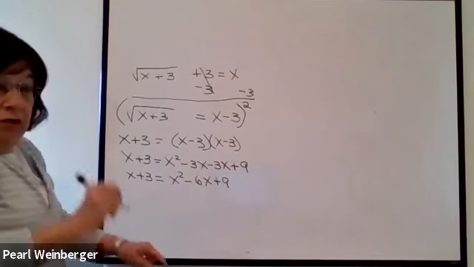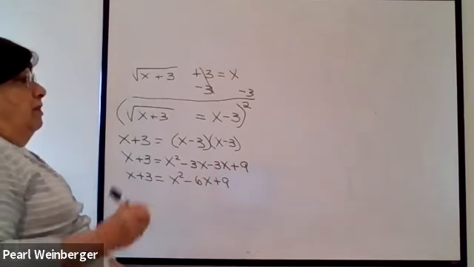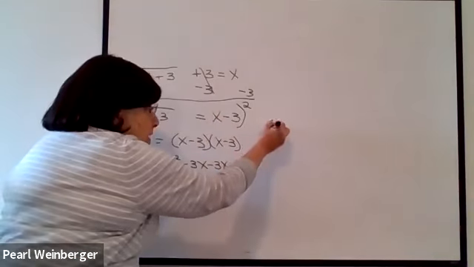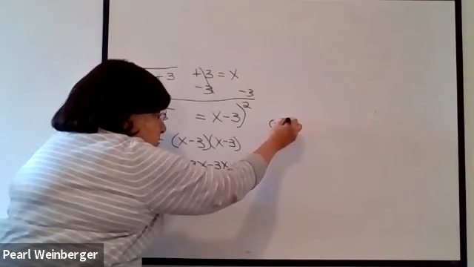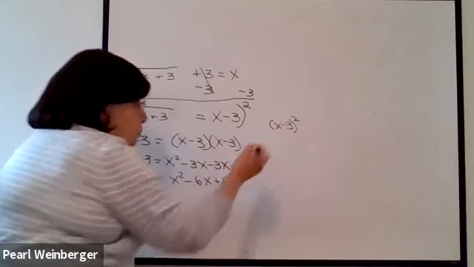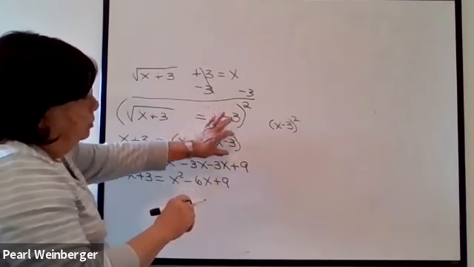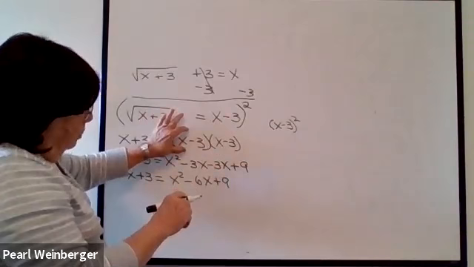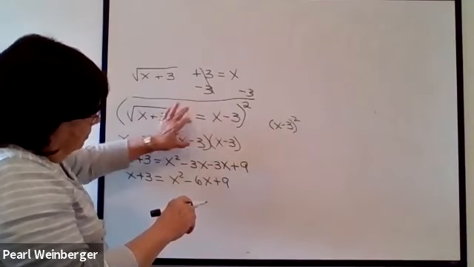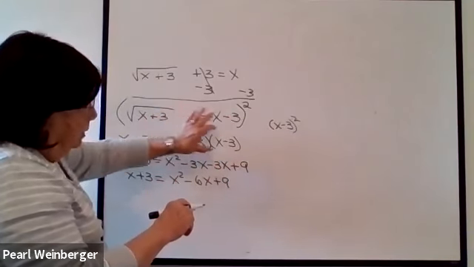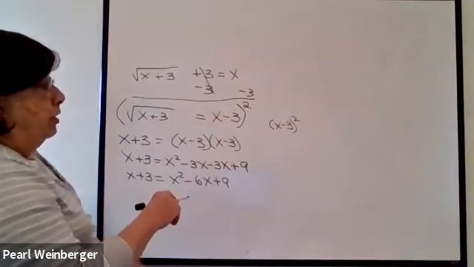Just to show you, there is actually a way that I could have done the x minus 3 squared a little bit quicker. Again, I could always use FOIL by writing the binomial right next to itself, so they're the identical binomials, and you just use FOIL.